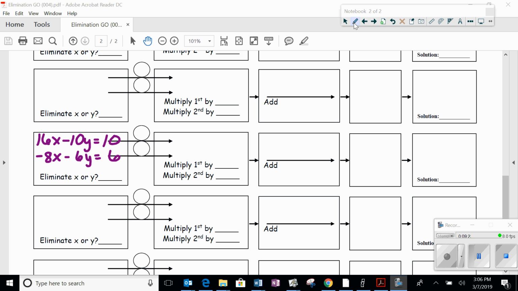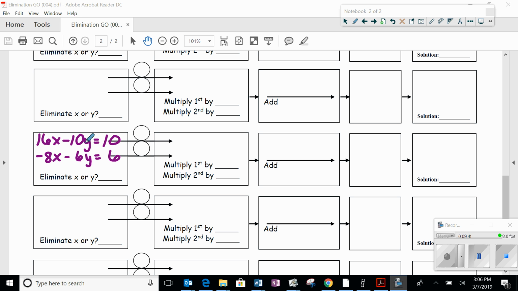All right, for this problem, we have 16x minus 10y equals 10, and -8x minus 6y equals 6. It is in standard form because the x values are lined up, the y values are lined up, and the constants are lined up. But we have to figure out which variable would be easier to eliminate, okay?